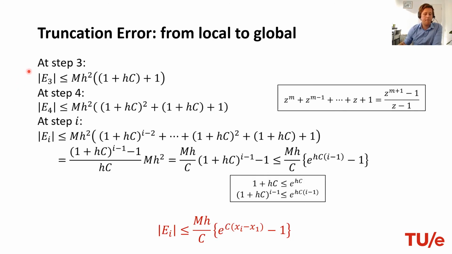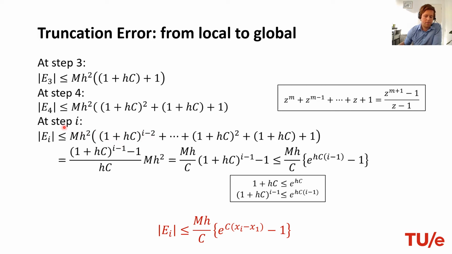Now we can keep applying this in sequential steps. And again, the details are not so important, but in every step you can see that we obtain another one of these terms, and also the exponent here increases, up until when we reach a given step i, that we have terms up until a power of i minus 2.